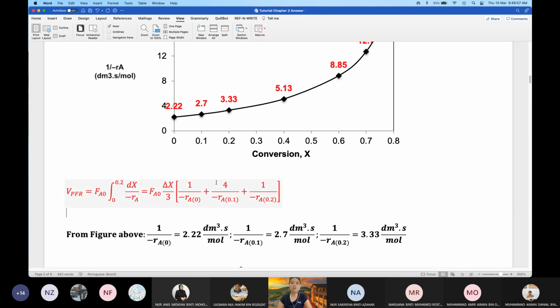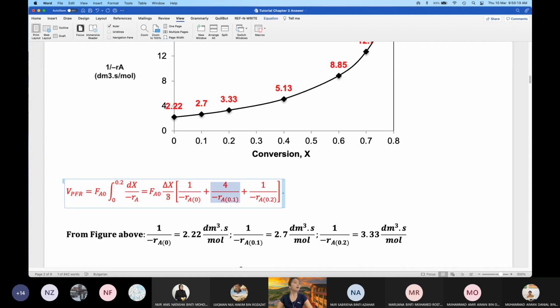That's why it become 4 per minus RA when my X is 0.1 plus 1 per minus RA at my final X which is 0.2. Sebab tu titik last is 1 per minus RA when my X 0.2. So done.